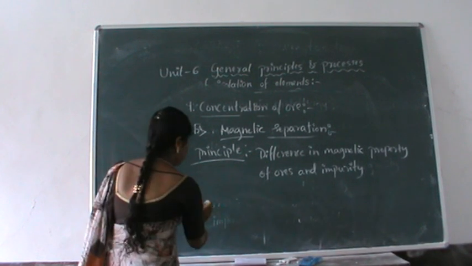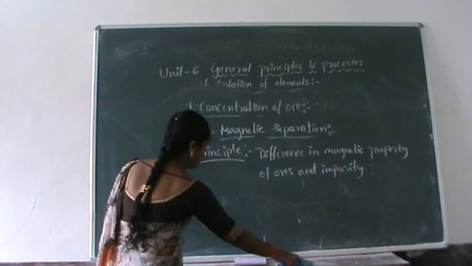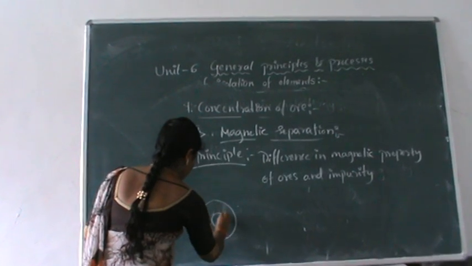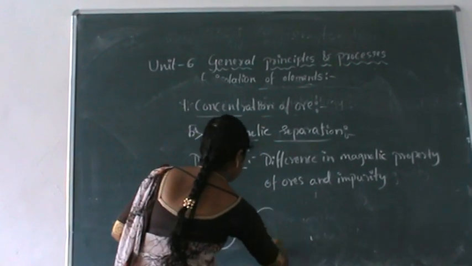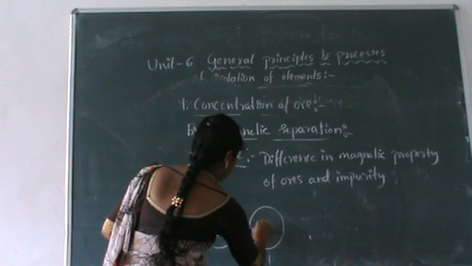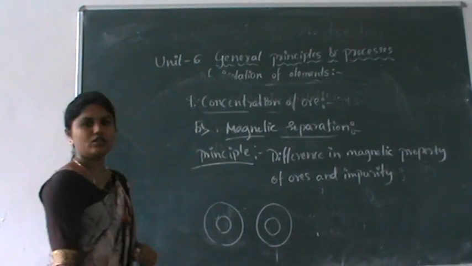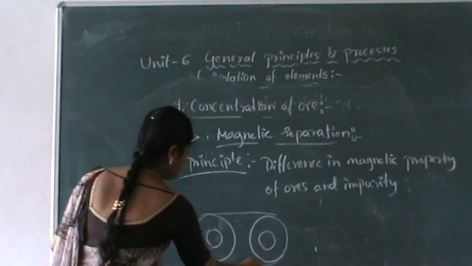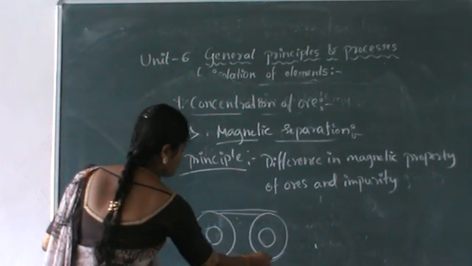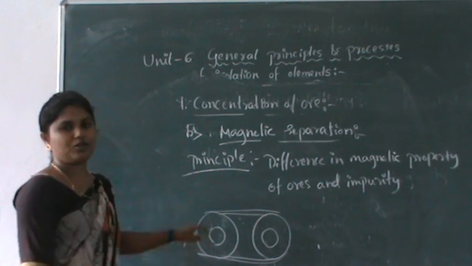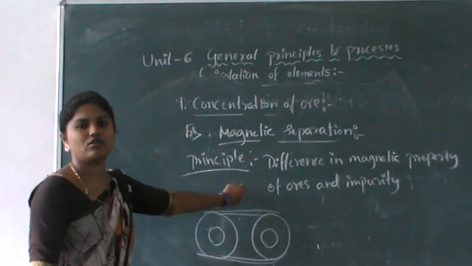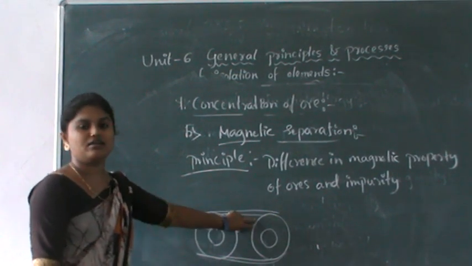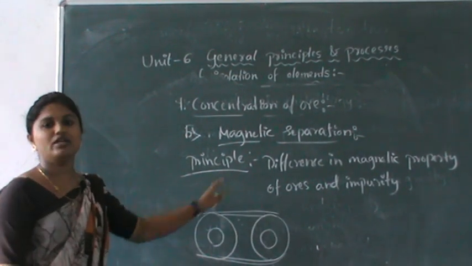Okay, I will draw the diagram. The diagram may be like this. We are using two electromagnets. These electromagnets consist of a traveling belt. The magnets are fixed to a traveling belt.